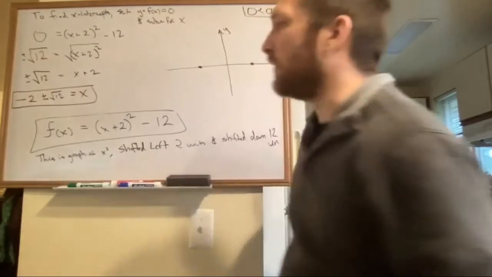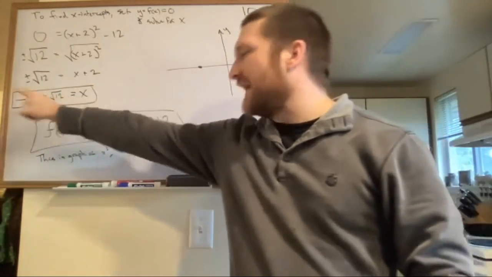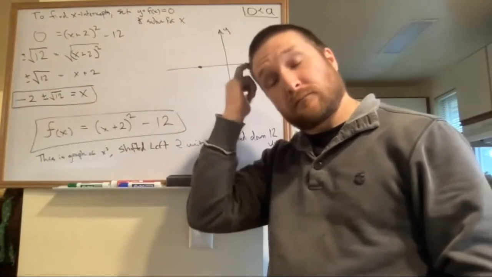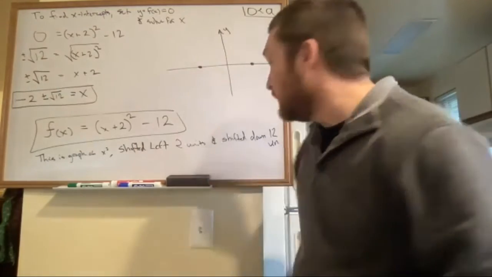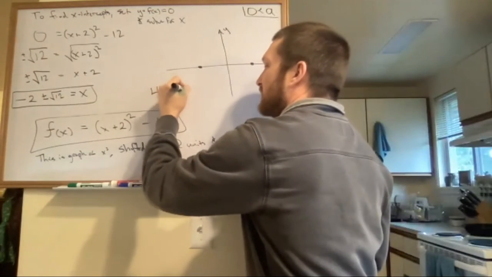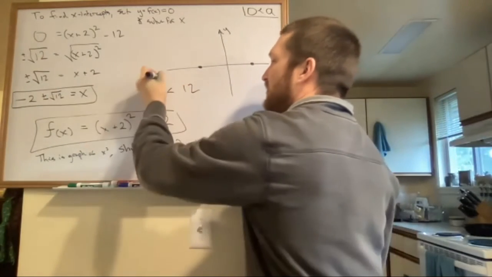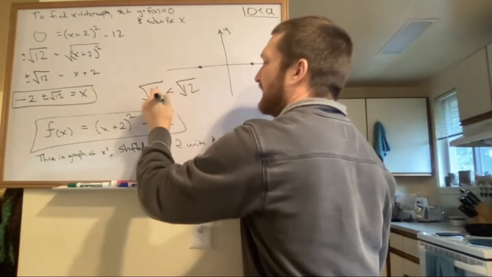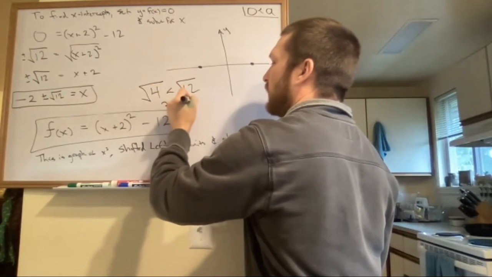I happen to know that root 12 is bigger than 2. How do I know that? Well, 4 is less than 12. Take the square root of both sides and I get 2 is less than root 12.